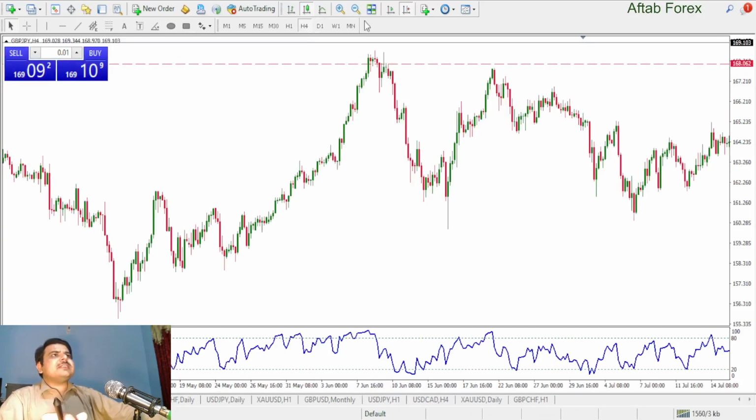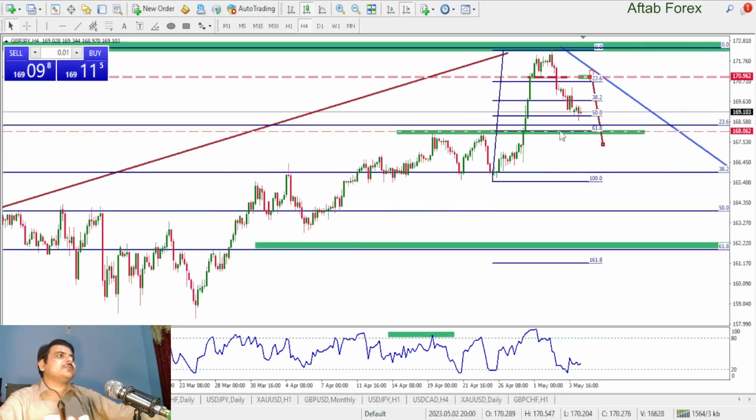So overall still seems good for a sell, but obviously on the H4 I will be waiting for a confirmation. If you are a long-term trader, go ahead on the daily and you can practice this particular trade setup.